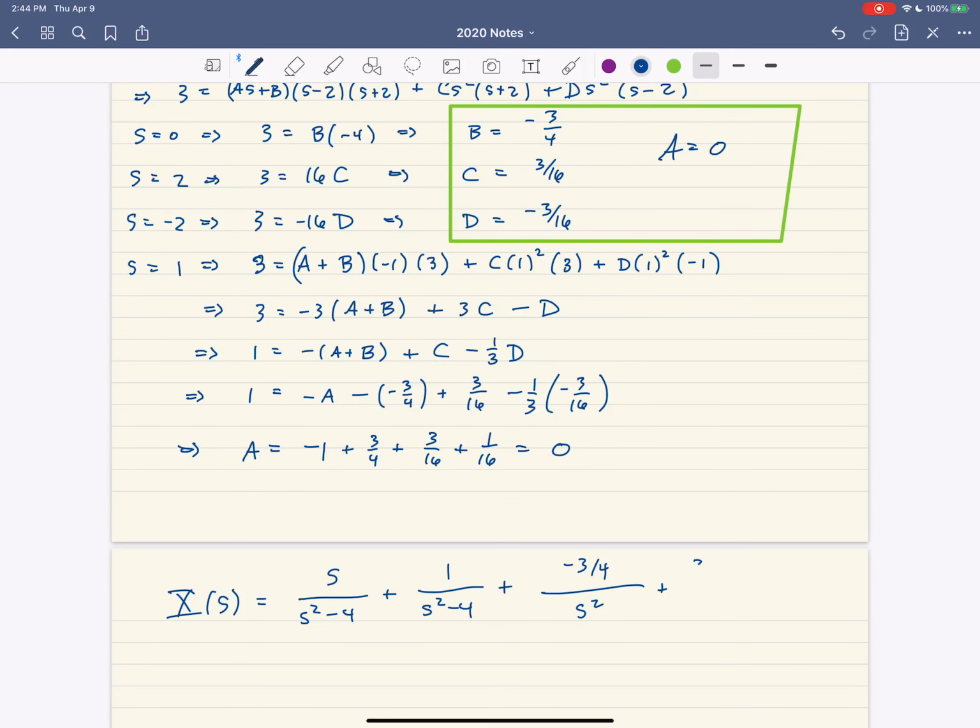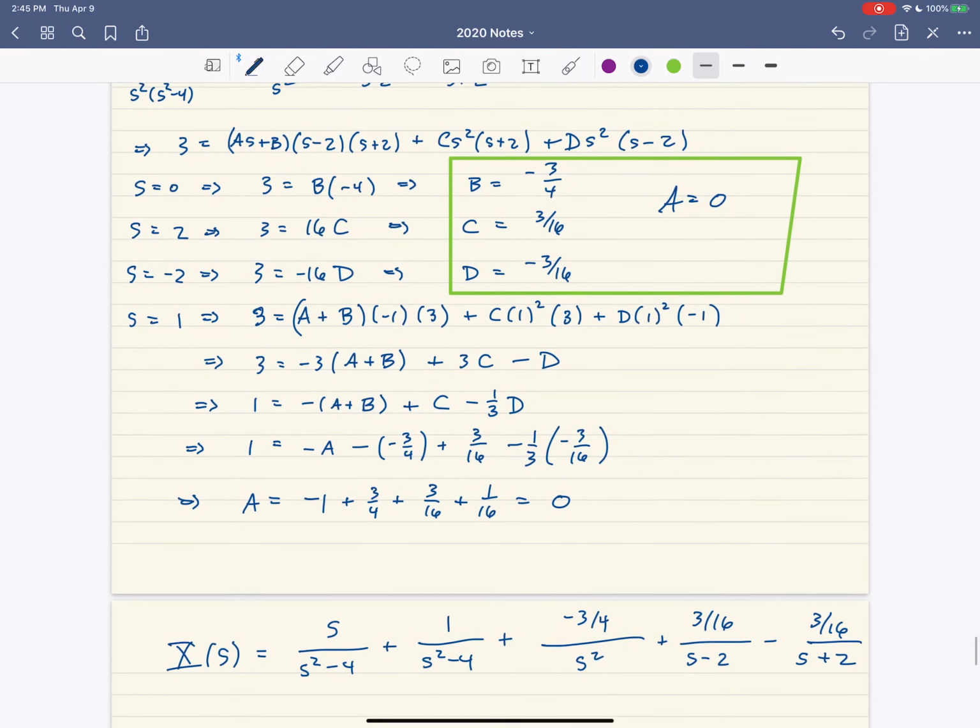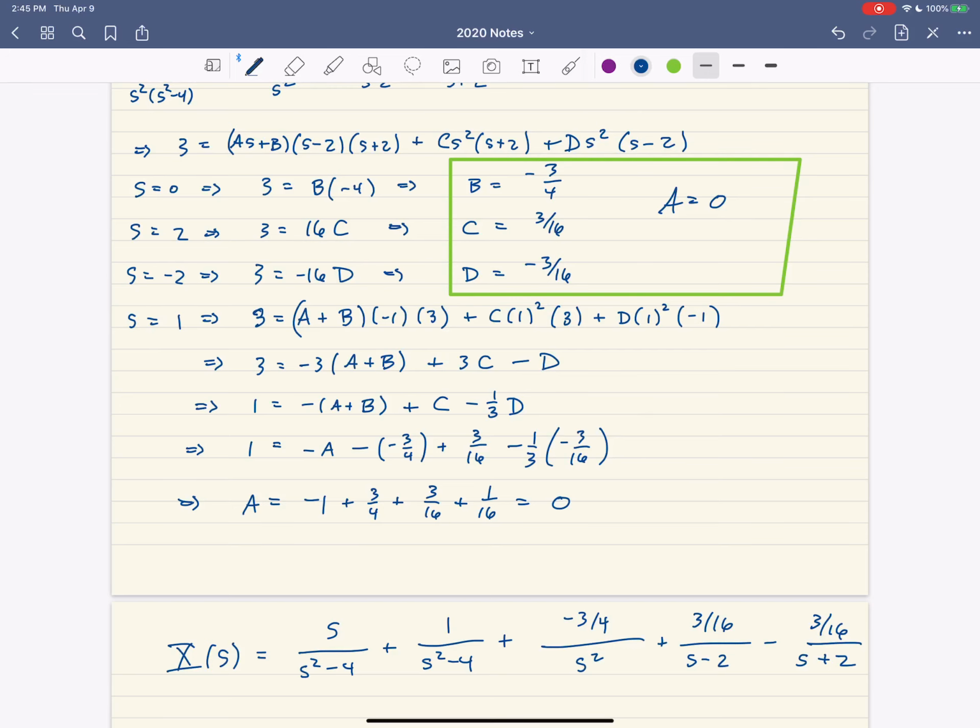C was positive 3 over 16, over s minus 2. And then minus 3 over 16 over s plus 2. So here our d was negative 3 over 16.